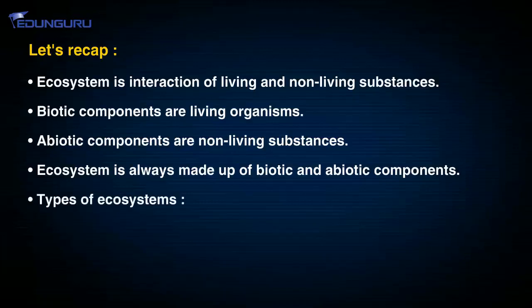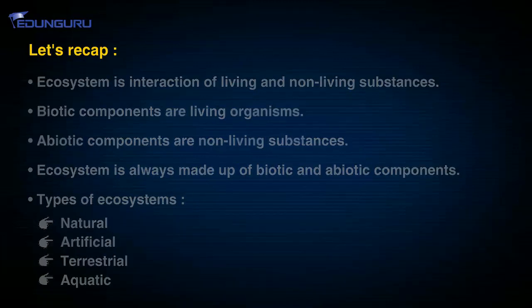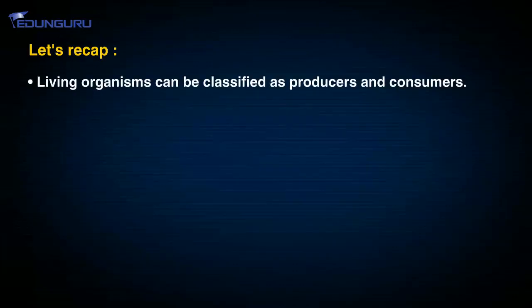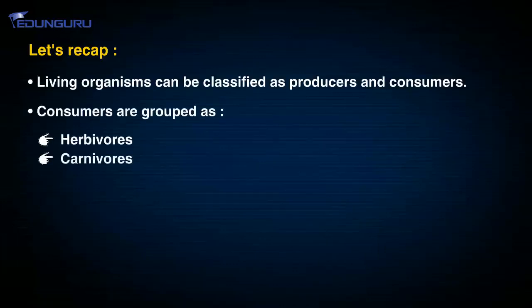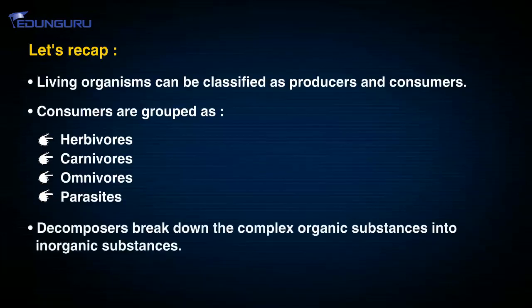Types of ecosystems: natural, artificial, terrestrial and aquatic. Living organisms can be classified as producers and consumers. Consumers are grouped as herbivores, carnivores, omnivores, parasites. Decomposers break down the complex organic substances into inorganic substances.